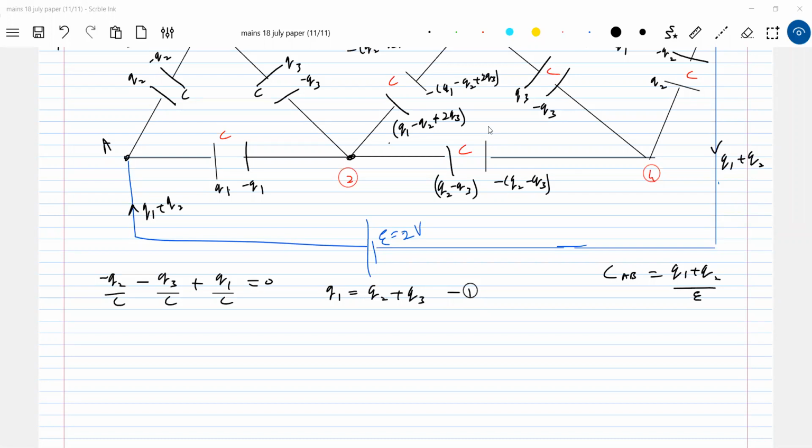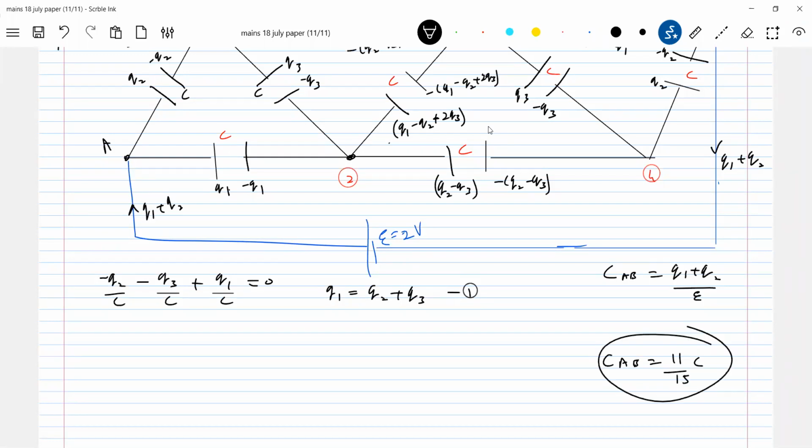You should come around 11 by 15. Q1 plus Q2 will become 11 by 15 E. CAB should come. Check your calculation.